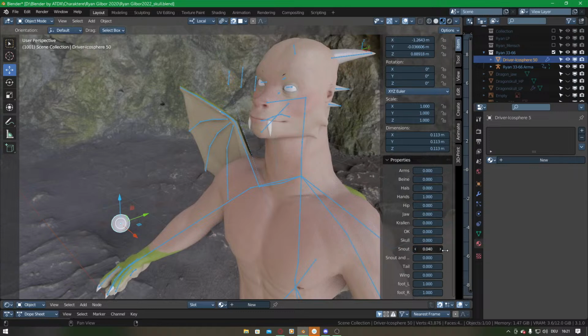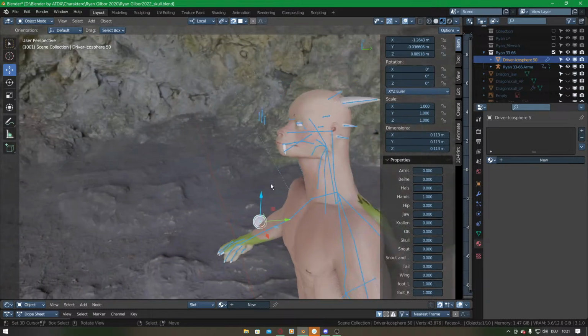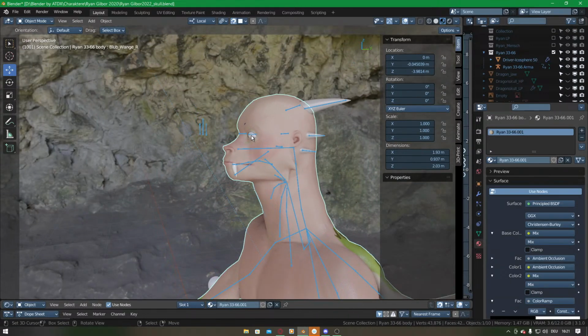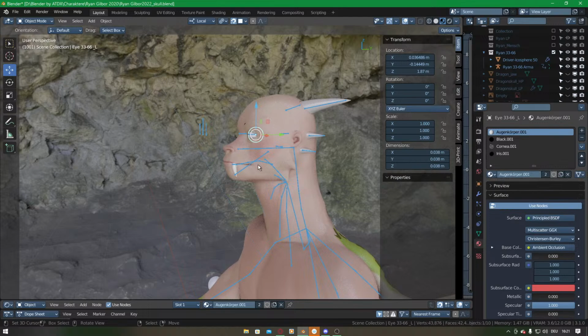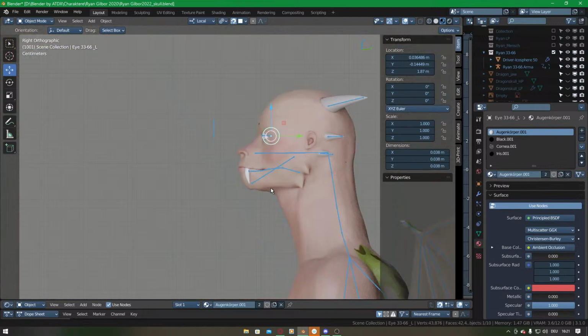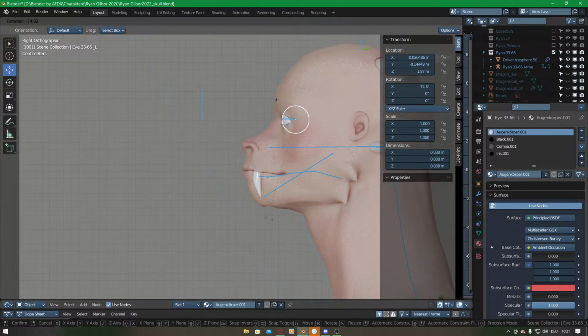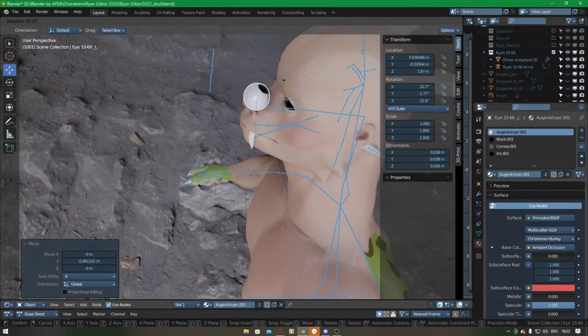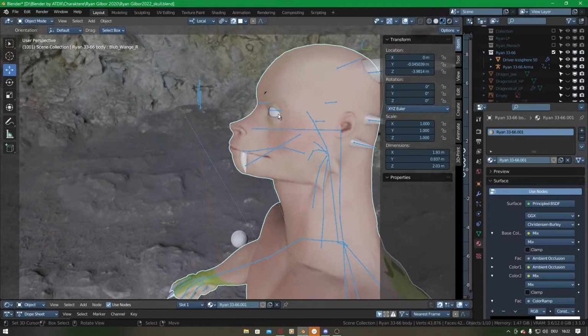Where's this now? There it is. That's both. Huh. Wonder what happened there. Why is the eye? Doesn't look like it's actually.